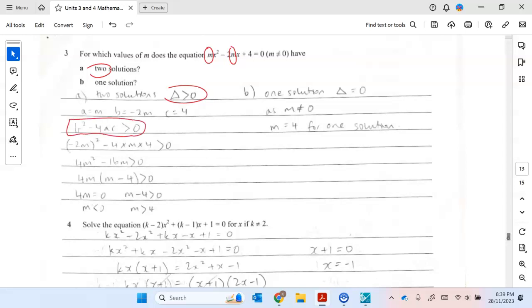B squared minus 4ac has to be greater than 0. And this does turn up, not only in your first SAC, because I like to put it on there, but it also will turn up in exams, all right? Because you often have to think about not just x-intercepts, but when two graphs intersect.